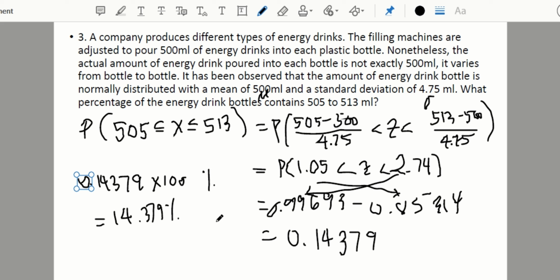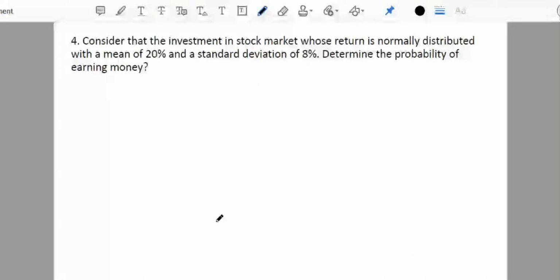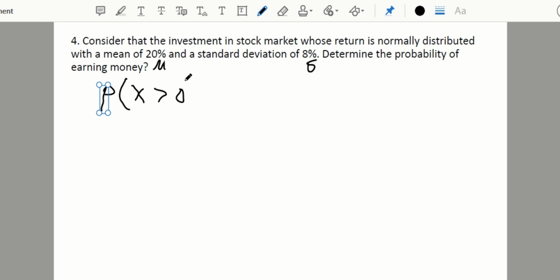Okay. Next example. Consider the investment stock market whose return is normally distributed with a mean of 20%. So this is our mean, and a standard deviation of 8%. Determine the probability of earning money. Of course, when we talk about earning money, it must be greater than 0. So basically, we'll just convert this.